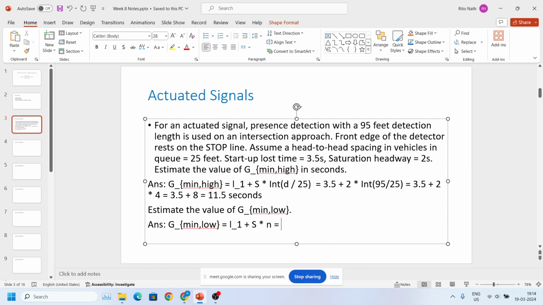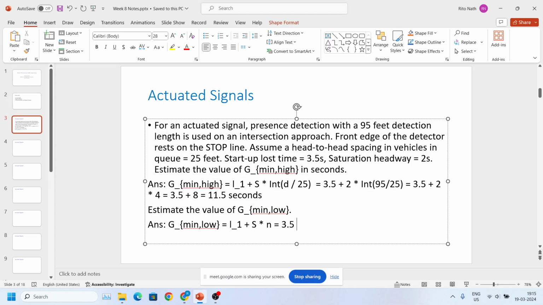You have to take into consideration one vehicle. So that's kind of detecting something, right? If you detect just one vehicle, that will give you this Gmin low. And that's why N is 1.